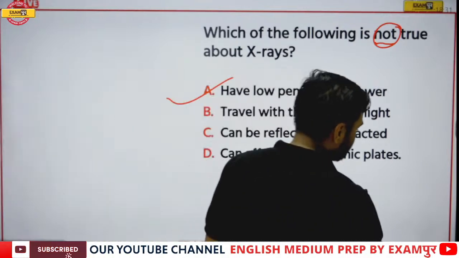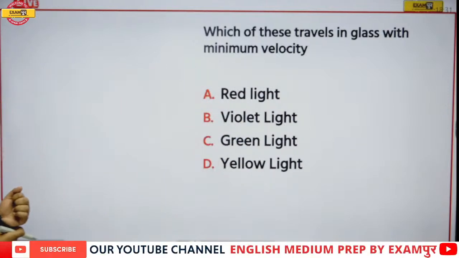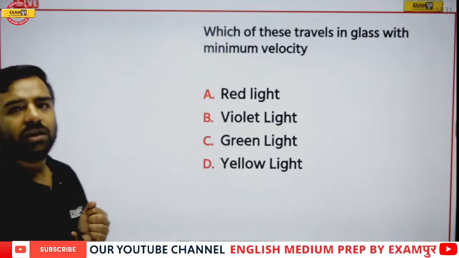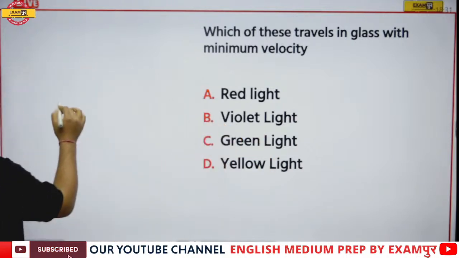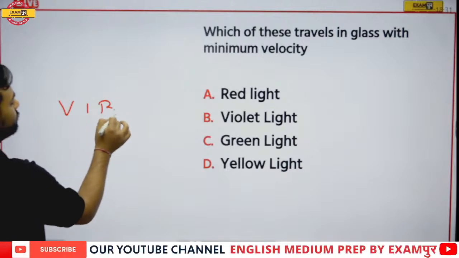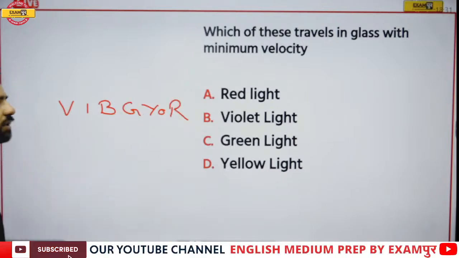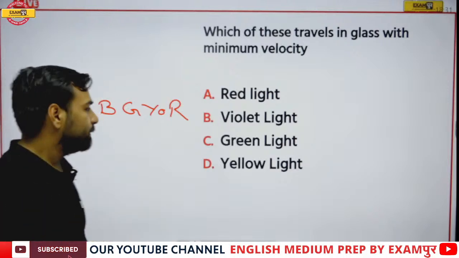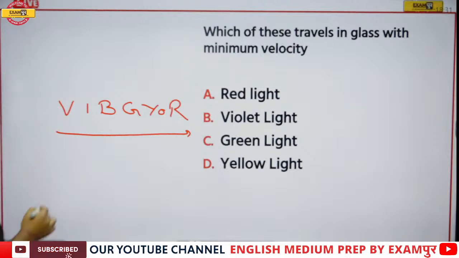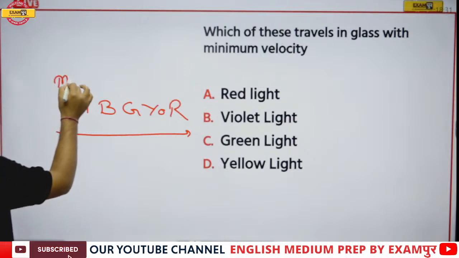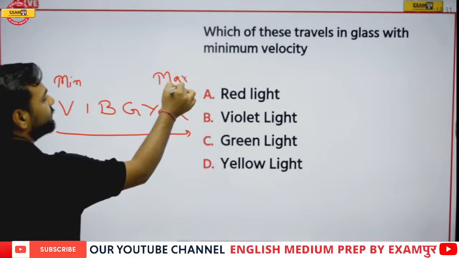Moving forward to the next question. Which of these travels in the glass with minimum velocity? Now for understanding this question, we must understand the sequence order. That is Vibgyor. Now if I talk about the velocity, the minimum velocity is here, but as soon as you move forward, it will go on increasing, correct?